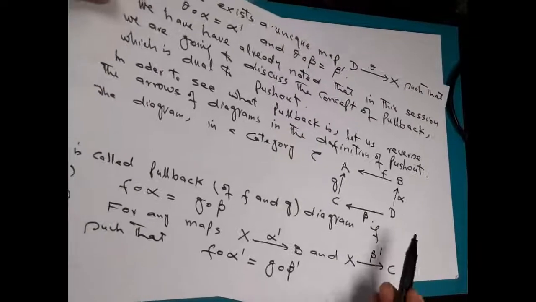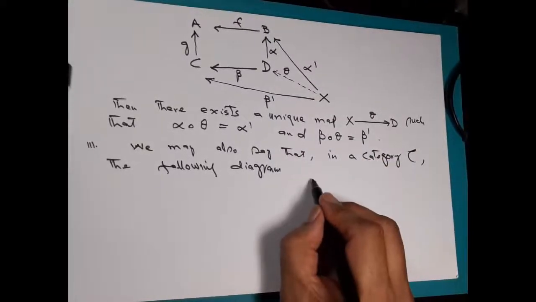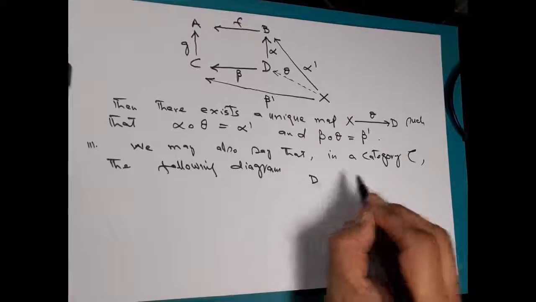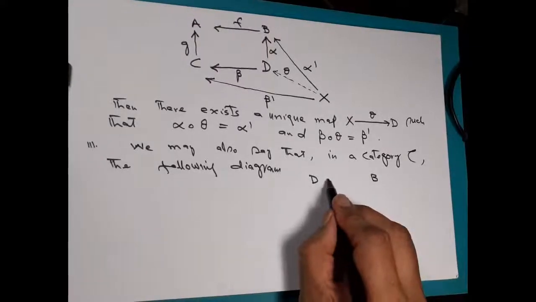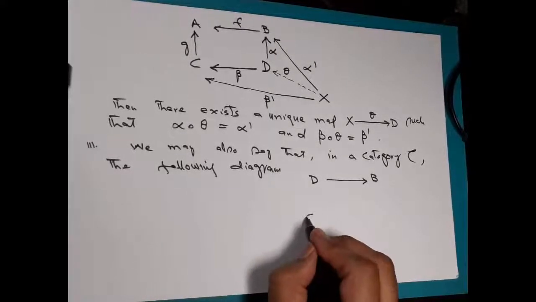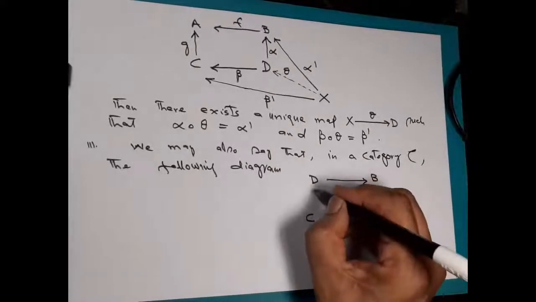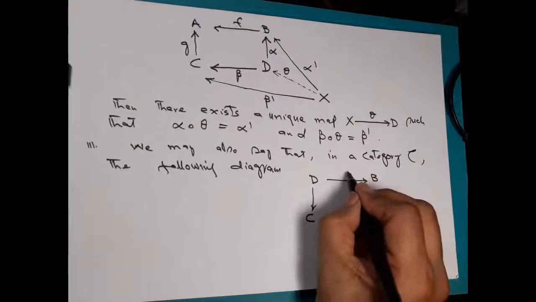So what I'm going to do is draw this diagram. We have object D and object B, and an arrow from D to B. Then we have object C and an arrow from D to C. These arrows are alpha and beta.